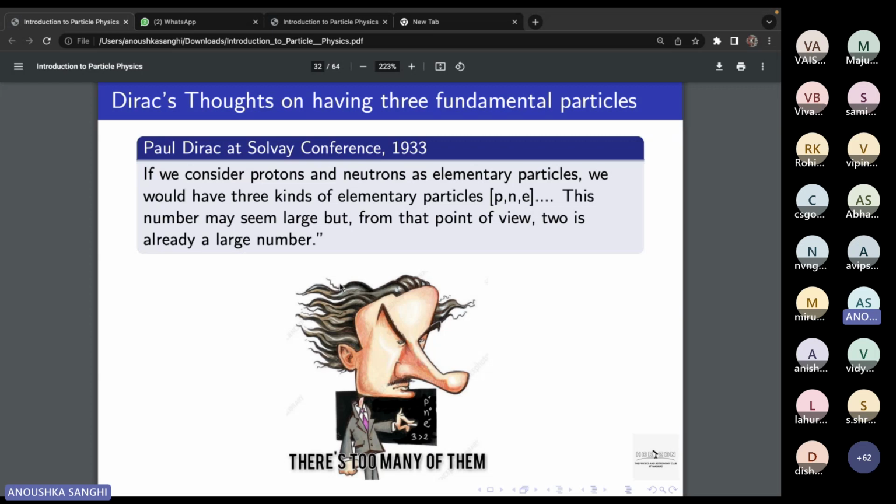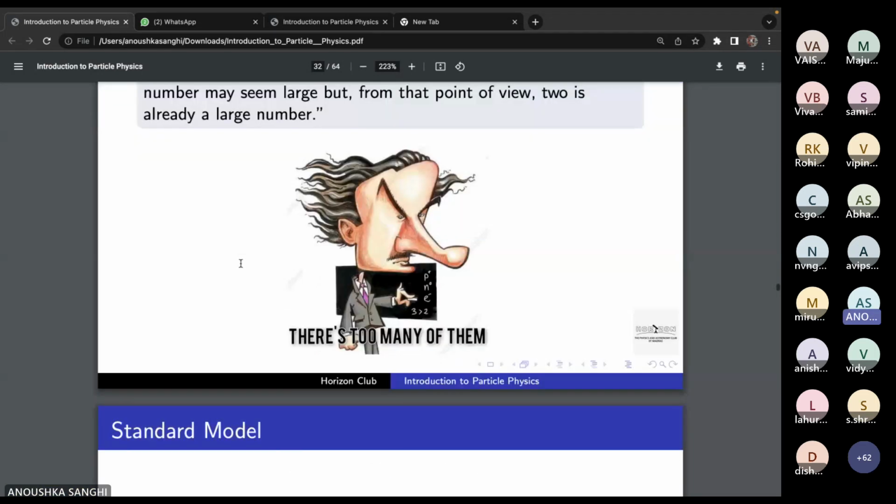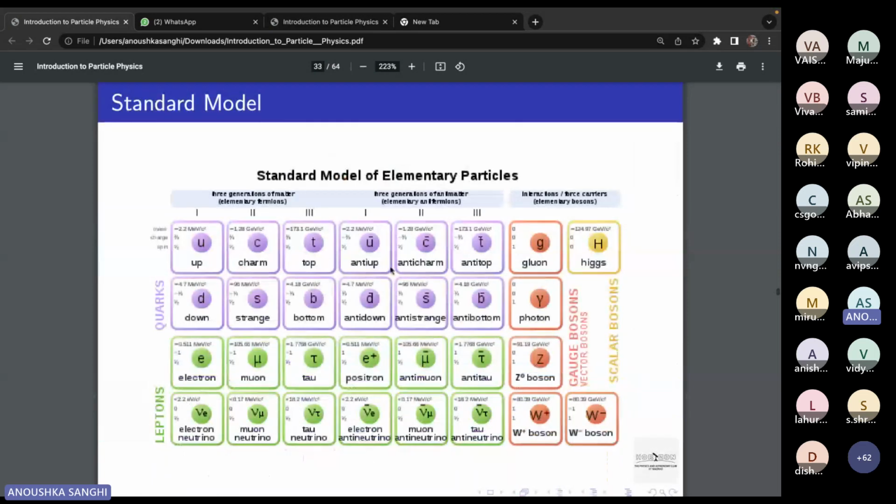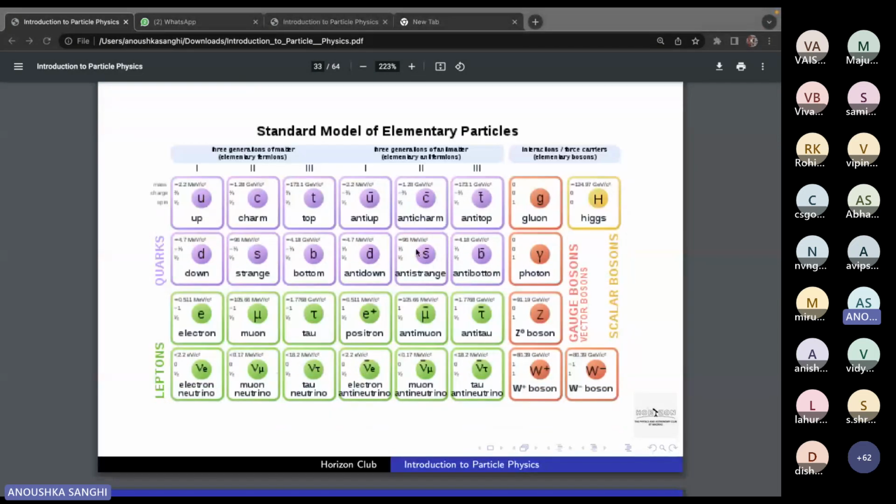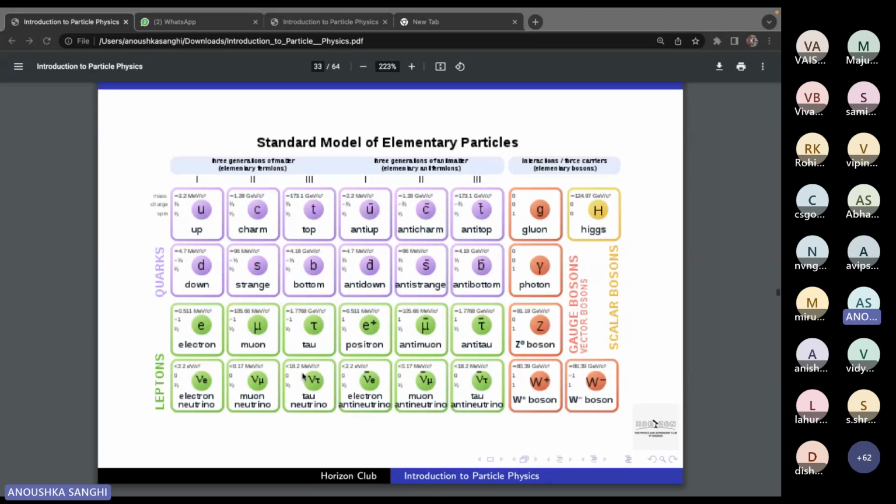So we don't talk about Dirac's thoughts of three fundamental particles that much, but this also was proposed by Dirac. So finally, we come to this scenario where all the particles are mentioned, and this is my standard model of elementary particles.